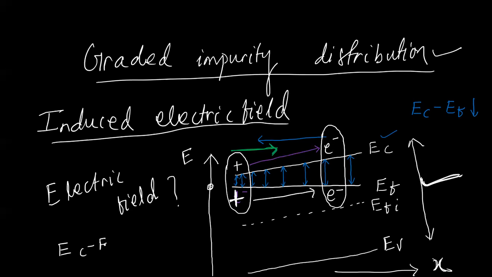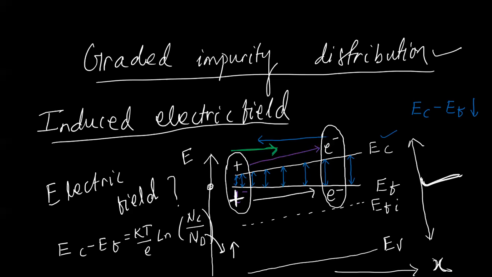Which is EC minus EF is equal to kT by e times logarithm of NC, the effective density of states in the conduction band, divided by ND. This is for donor impurity atom. ND is the donor impurity atom concentration that you have. So as the ND value increases here, you can see EC minus EF will be less.